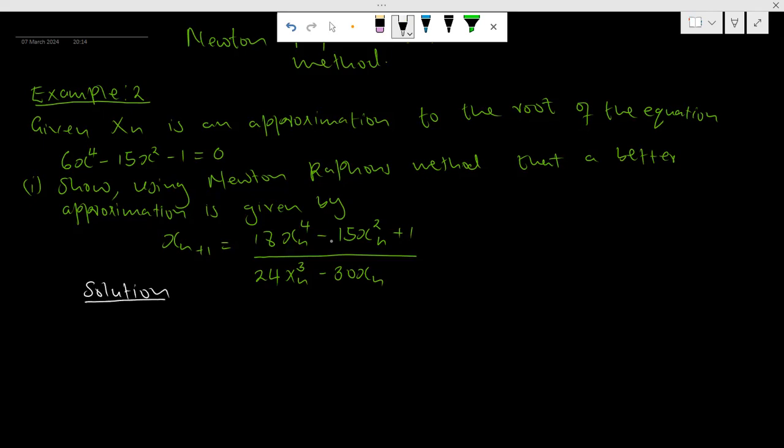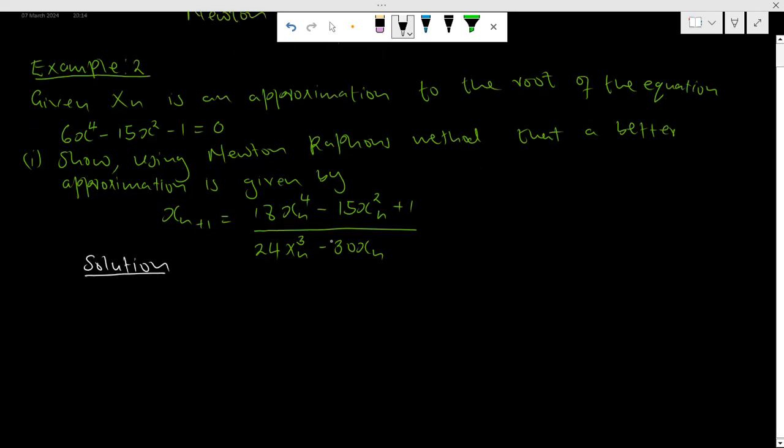The Newton-Raphson method states that x_{n+1} is given by x_n minus f(x_n) over f'(x_n).